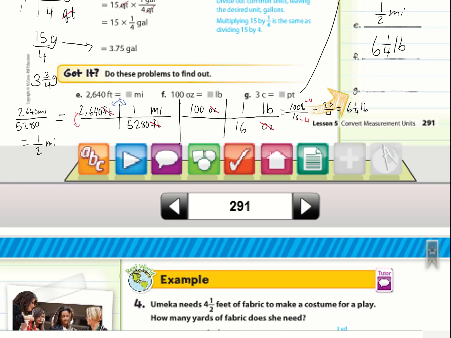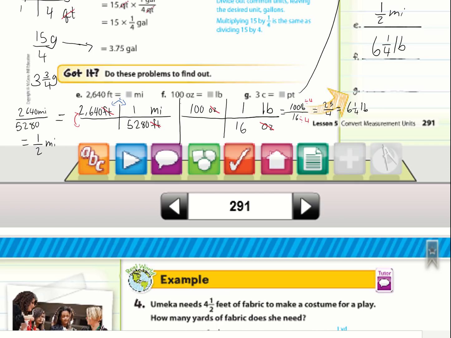For F, it is very important: there are actually 2 different kinds of ounces. There's the weight ounces, and then there's fluid ounces. Since we're converting to pounds, we know we're going to use the weight ounces. So my ratio is going to be 1 pound to 16 ounces. My ounces cancel out. 100 times 1 equals 100. 16 times 1 equals 16.